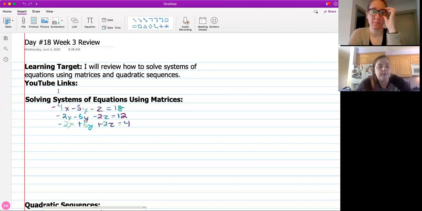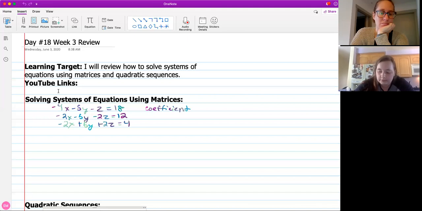So there's our system of equations. Remember that when we put these into matrices, we end up having 3 matrices. We're going to have our coefficient matrix, our variable matrix, and our solution matrix. The first one that we put in is the coefficient matrix.